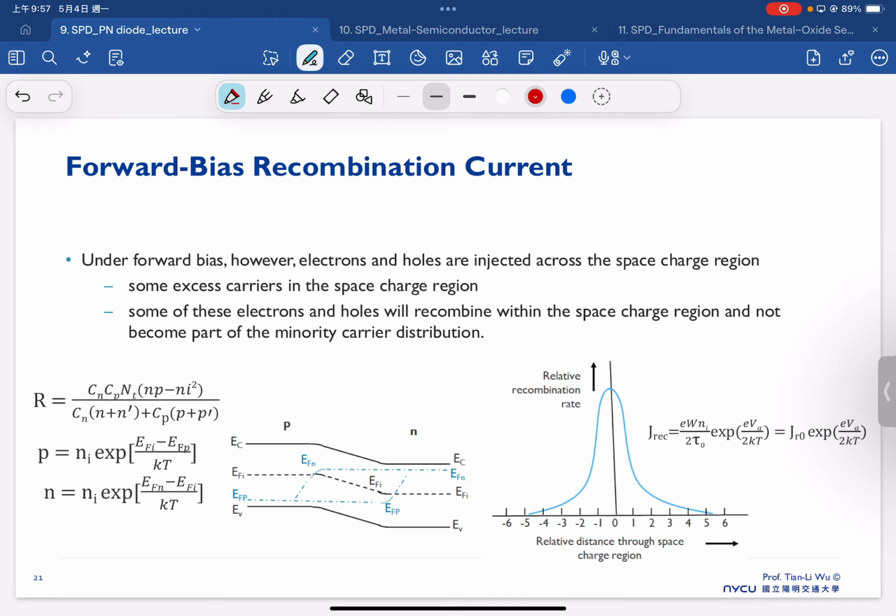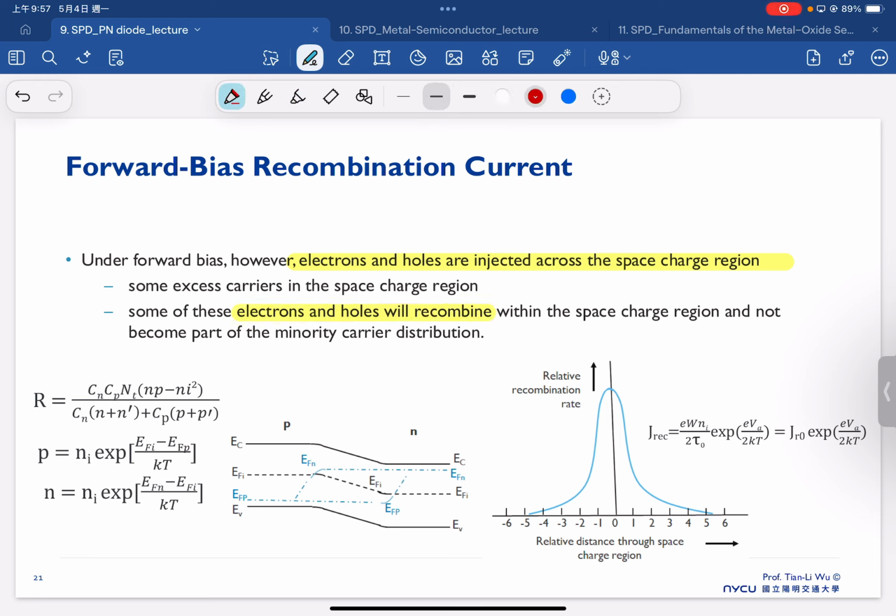Also, under forward bias, electrons and holes are injected across the space charge region, and some of these excess carriers will recombine.